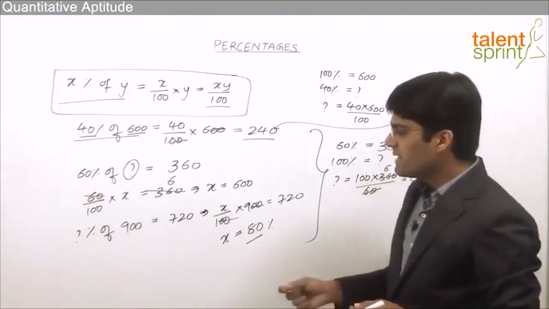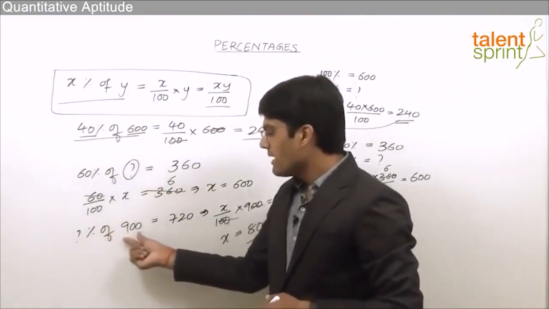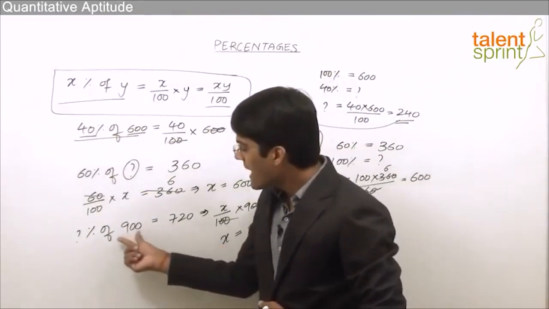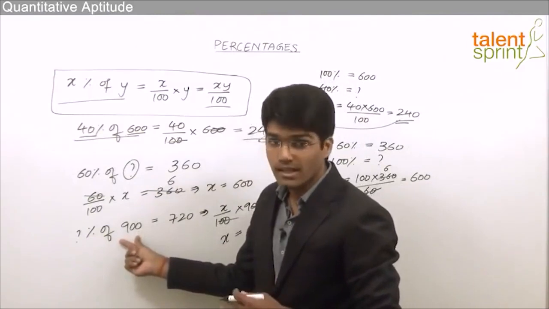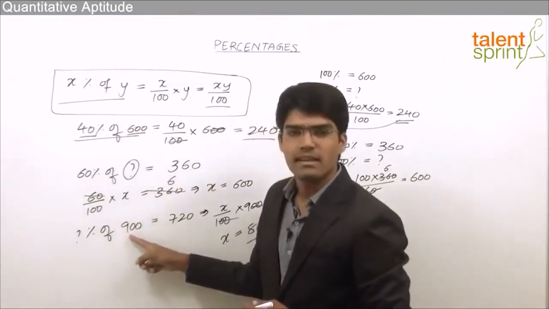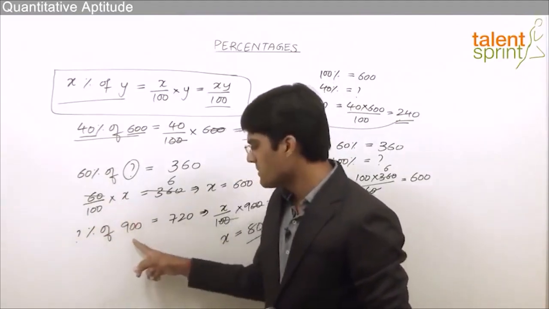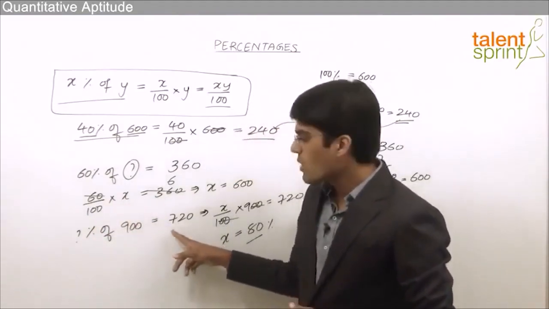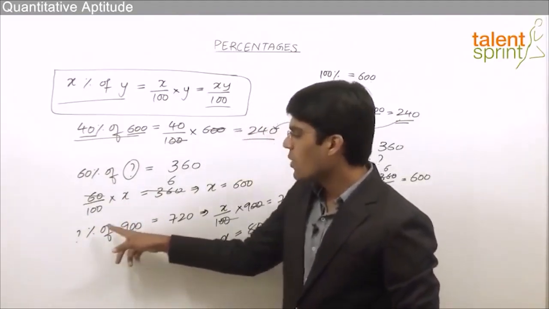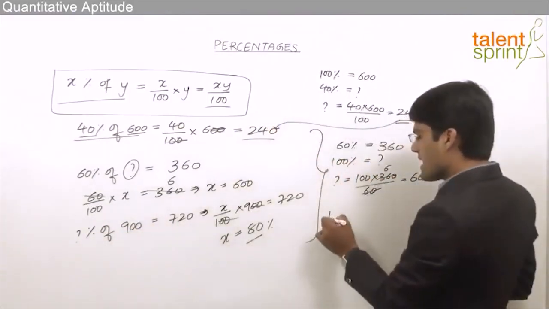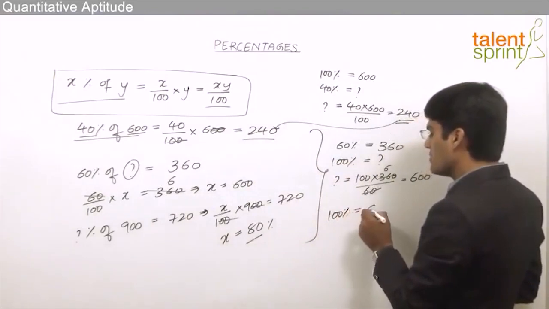And in the last case again, what percent of 900 is equal to 720 was the given equation. And as you can see here, the maximum value is 900. So very clearly 100% is 900. And we are supposed to find out what percent of that maximum is equal to 720. So 100% is given and what percent is 720 is to be calculated. So now we can say that 100% is equal to 900.